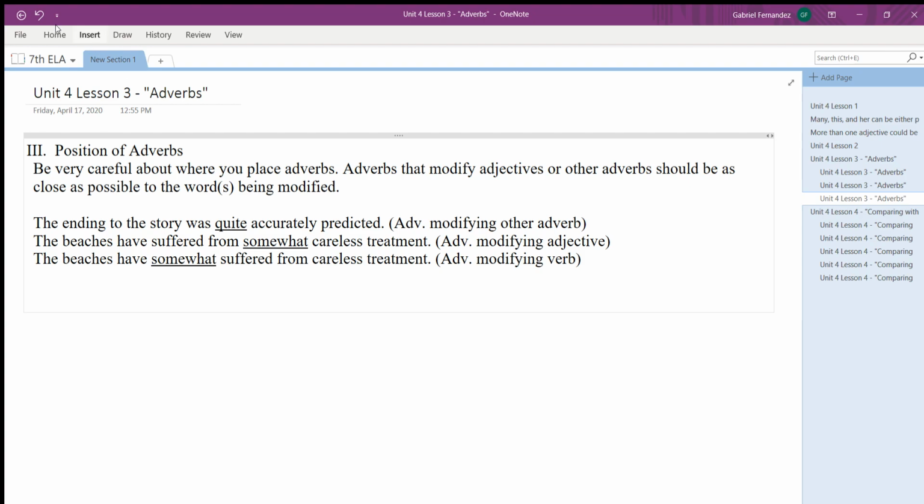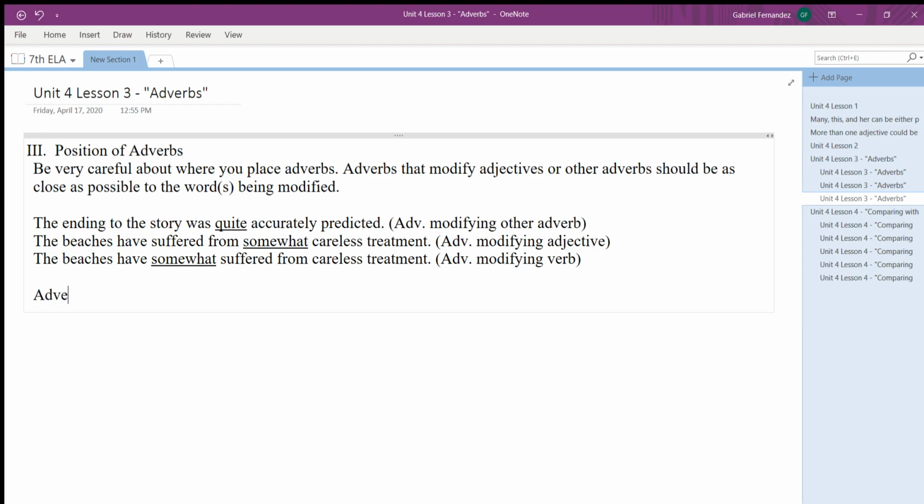And it's telling us that the beaches have only somewhat suffered. It's not anymore that the careless treatment is somewhat careless. We're saying that it's somewhat suffered. So even though the length stayed the same and we moved one word, it changed the meaning of the sentence drastically. Okay?